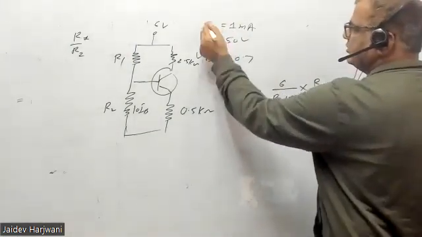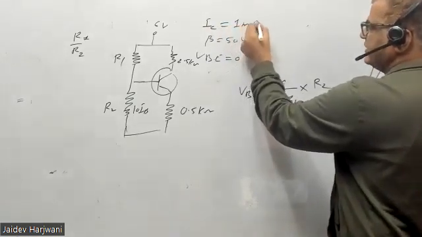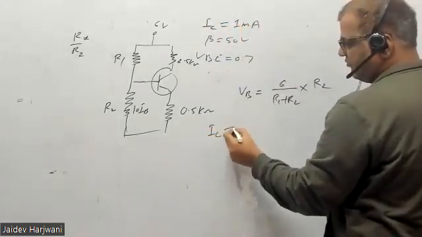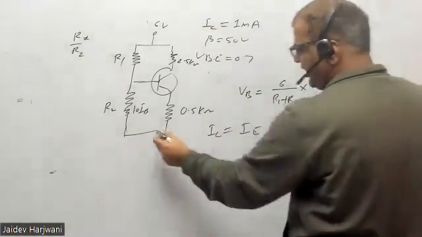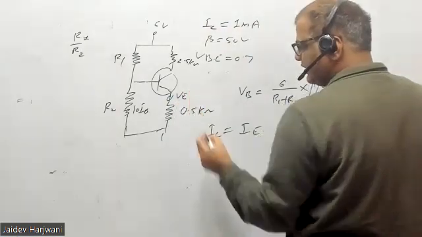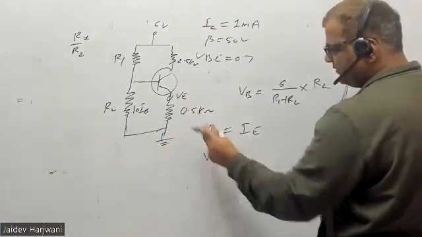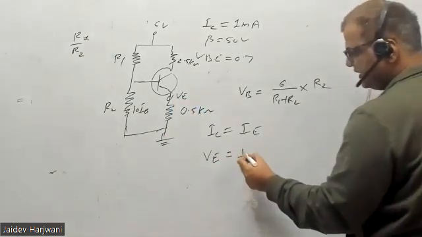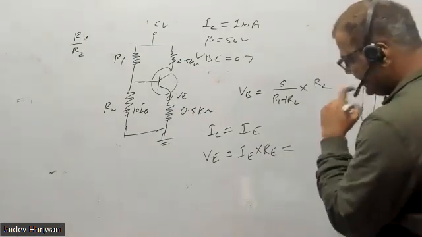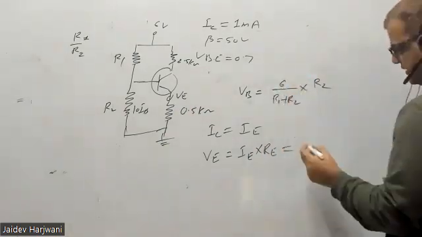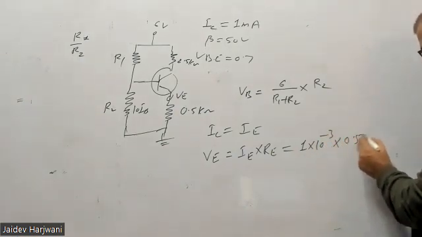IC is given in the question, 1 milliampere, and your IC is almost equal to IE. So I can find VE with respect to the ground. My VE will be IE into RE. IE is 1 milliampere given, RE is 0.5 kilo ohm.